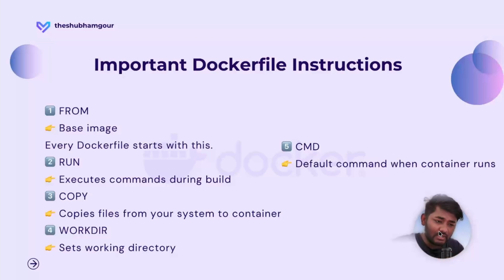This will set the working directory and tell where to actually look for the files. Fifth is CMD. It is the default command that executes when the container is started. You don't have to worry about memorizing all of this, because everything will be learned through the documentation itself. So you just need to have a fair idea of what each thing is actually doing, right?